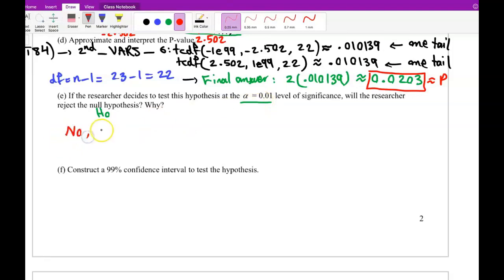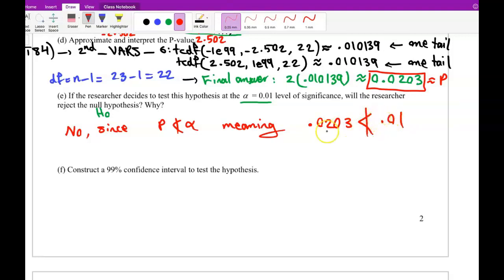So the answer is no. That is because p is not less than alpha. So this number is not less than 1%, and we failed to reject the null hypothesis.